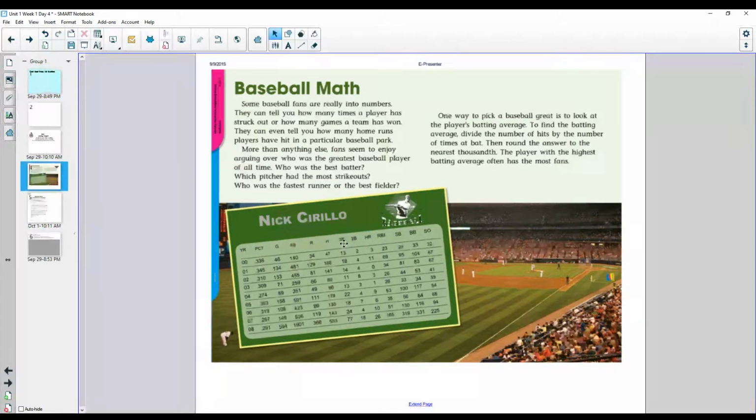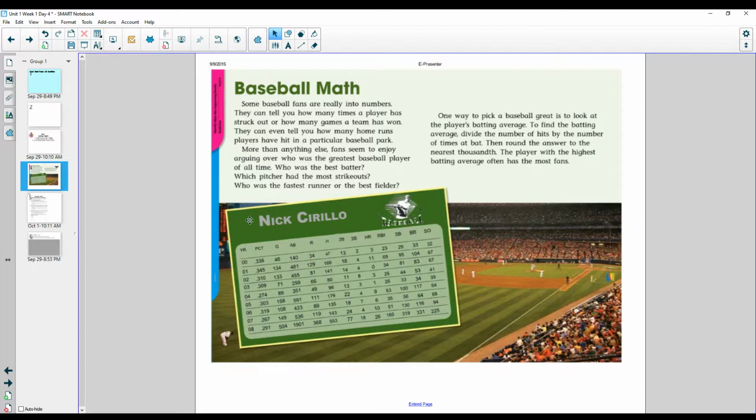That's like a double when you get 2 bases, or a triple when you get 3 bases, or when you get to go all the way around the bases, a home run. RBI is runs batted in. SB, stolen bases. BB, I think stands for how many times you walk. And SO stands for strikeouts.